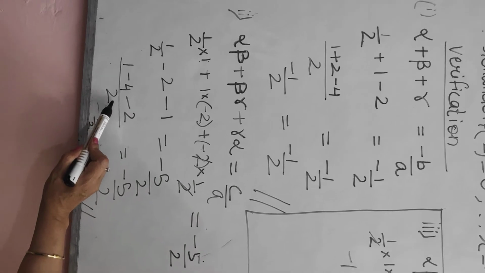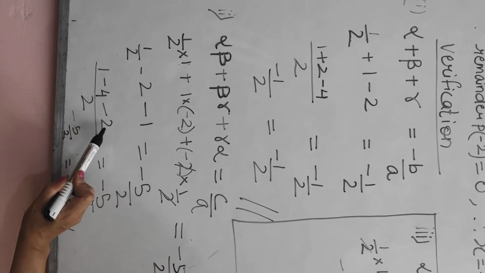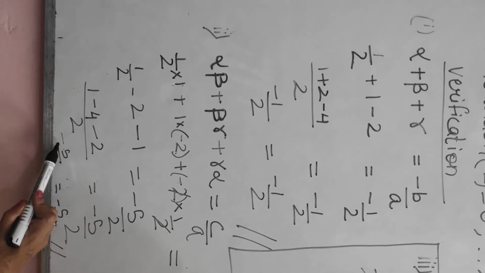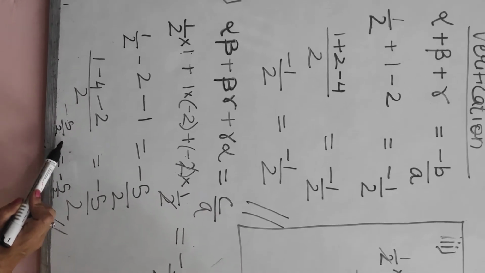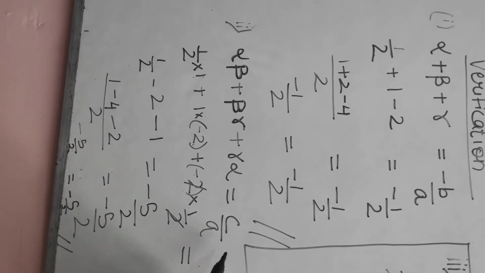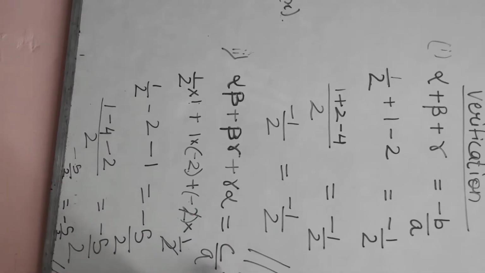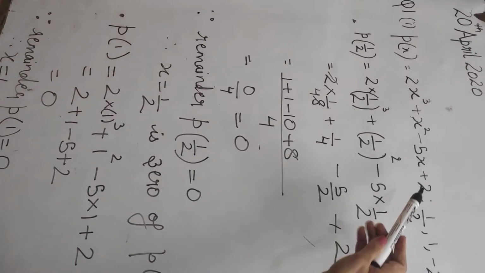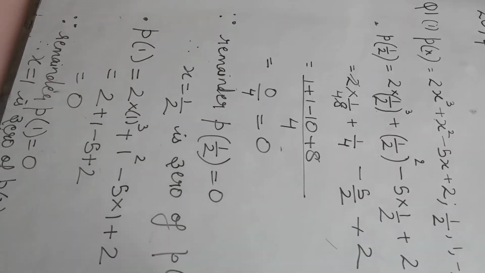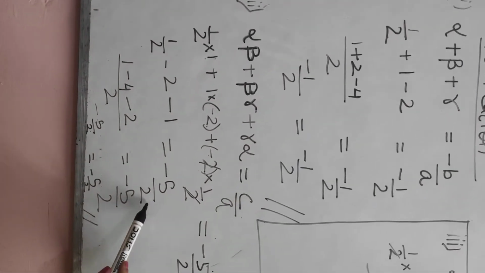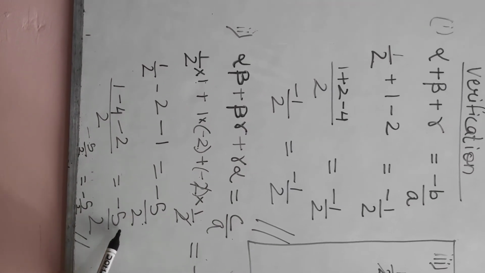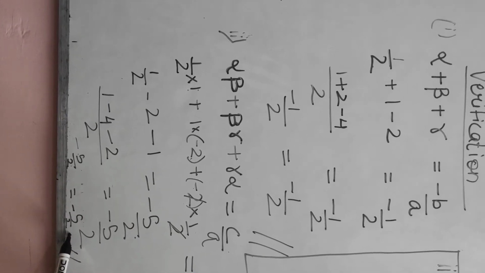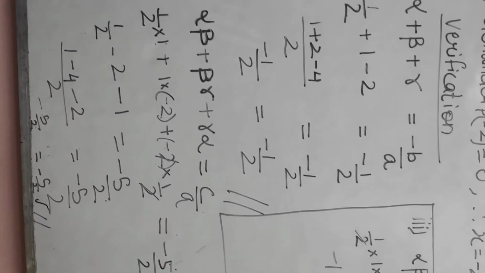Taking LCM 2, 1 minus 4 minus 2 by 2 which comes out to be minus 5 by 2. And when we see the coefficient relationship it is equal to c by a. Now from the given polynomial c is minus 5. So here minus 5, a was 2, so minus 5 by 2. So again we are getting left hand side is equal to right hand side.